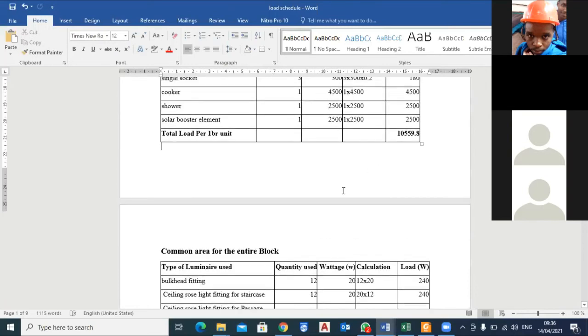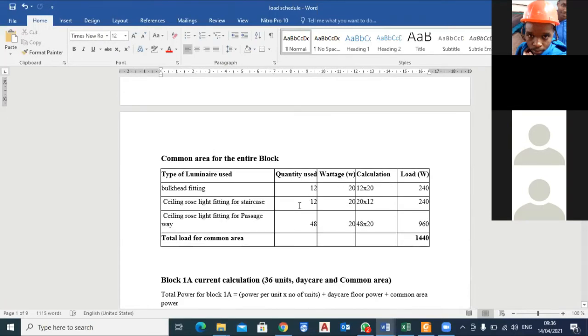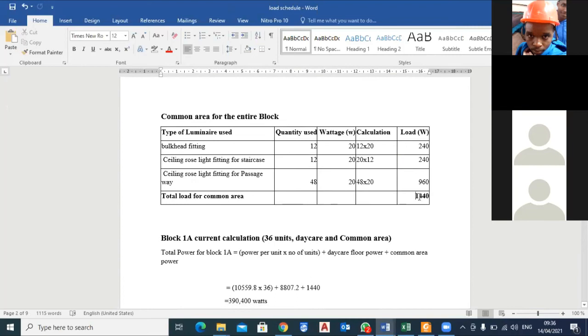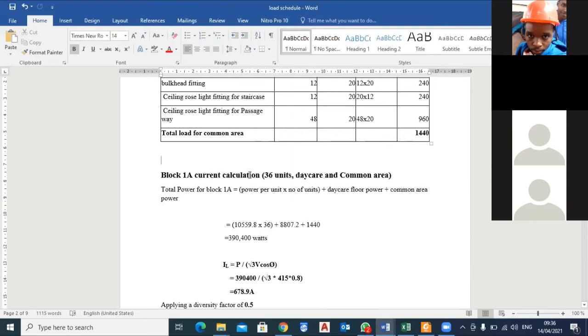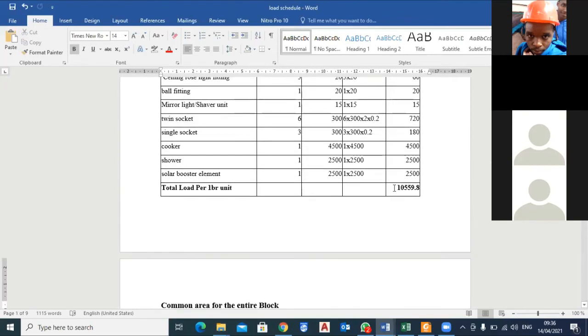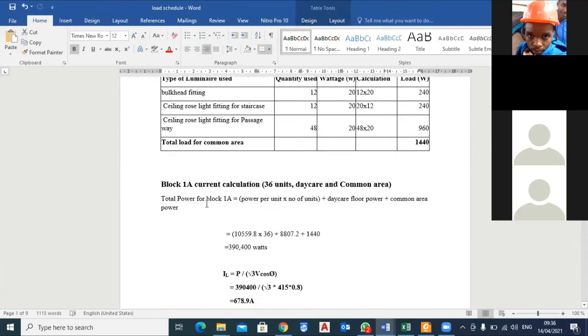Then there's a common area for the entire block. Common area like staircase, then kuna corridors, alafu kuna security lights. Total load yake ni hii. Now we want to calculate the total current for block 1A. You have to do the summation of the units of the loads. Block 1A has 36 units. So you'll take 36 times the individual units, which is 105.